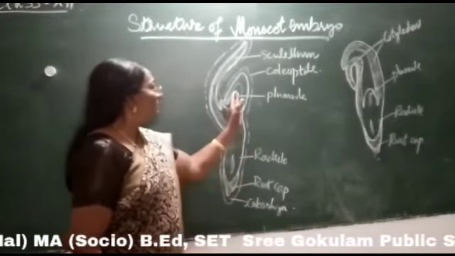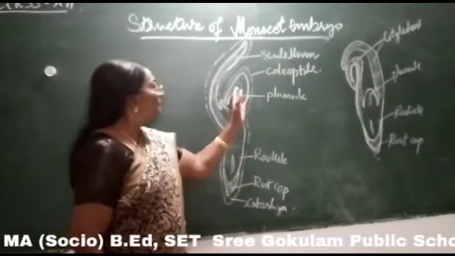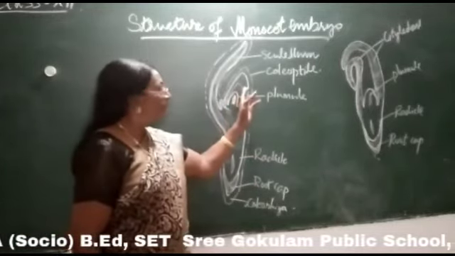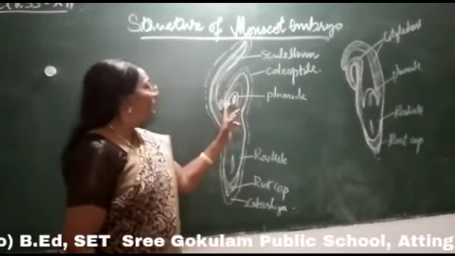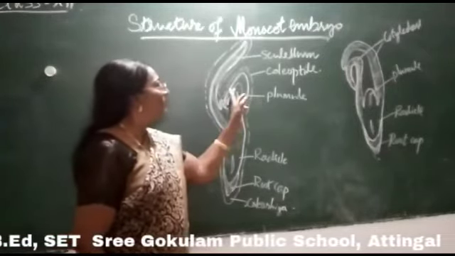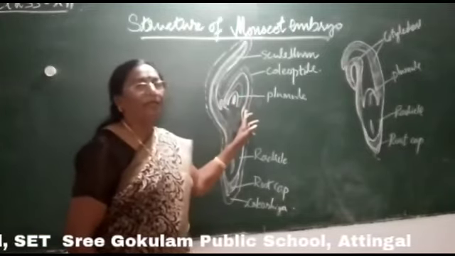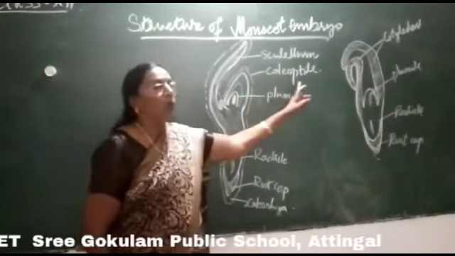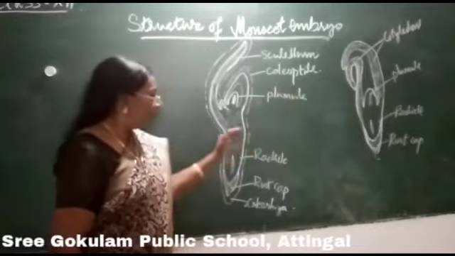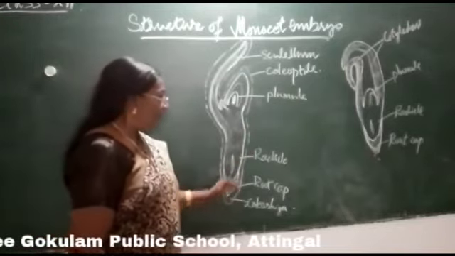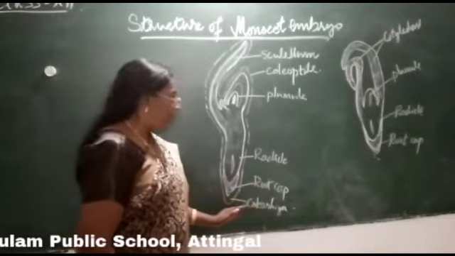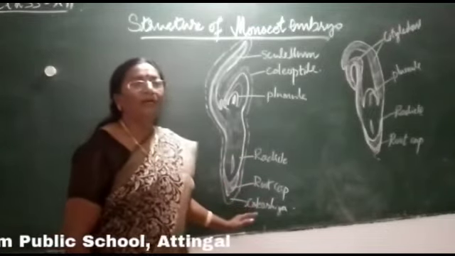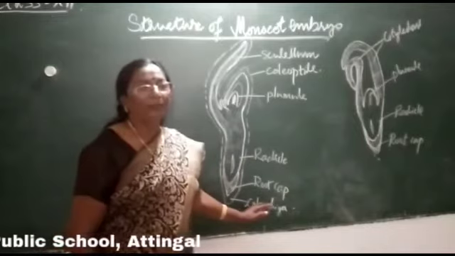And the embryonal axis contains some primordial leaves. And here we can see this plumule is covered by a protective covering called coleoptile, and the root portion or the radicle is covered by a root cap, and also the protective covering called coleorhiza.